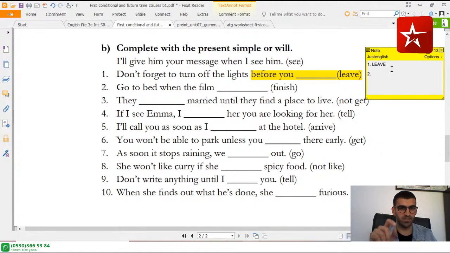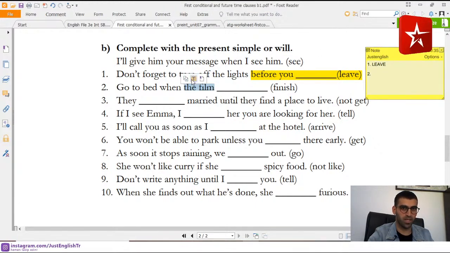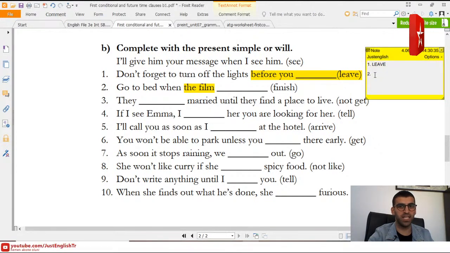Azime wrote the correct answer because of the film, the third person. For the third person, we have to add es to the end of the finish. Like finishes is a correct answer, guys. Go to bed when the film finishes.